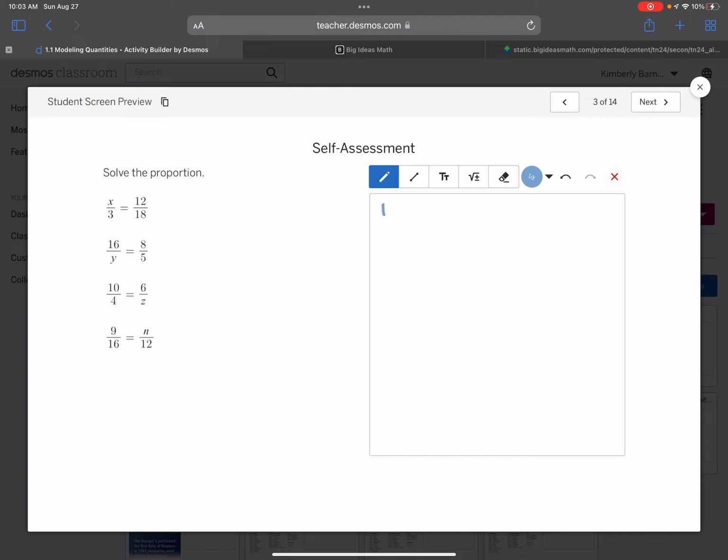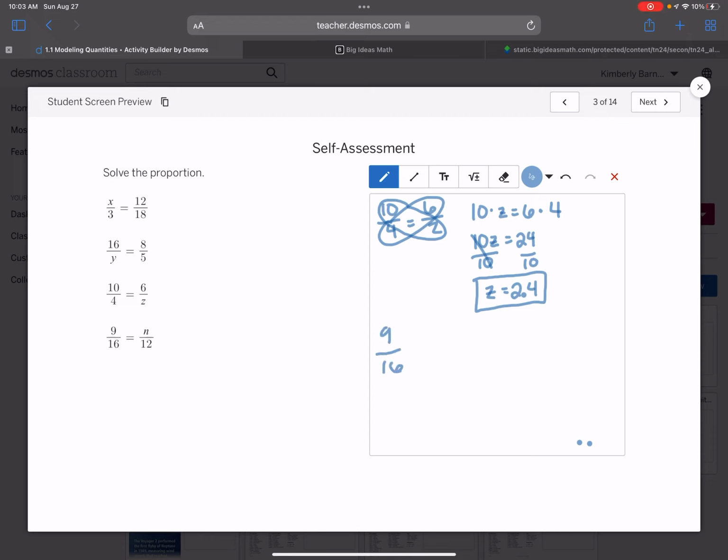Number 3, 10 over 4 equals 6 over z. So we got 10 times z equals 6 times 4. 10z, I'll make that more obviously a z, equals 24. Divide both sides by 10. Z equals 2.4. And then last but not least, 9 over 16 equals n over 12.